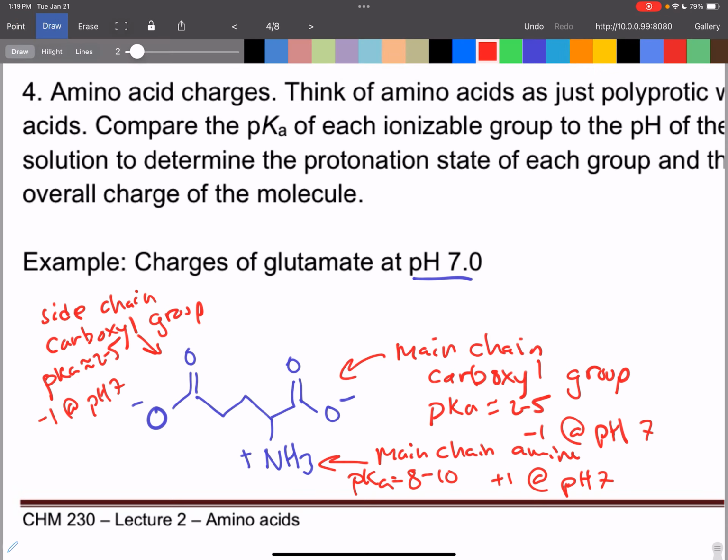So the overall charge here is -1: -2 plus 1 gives you -1.